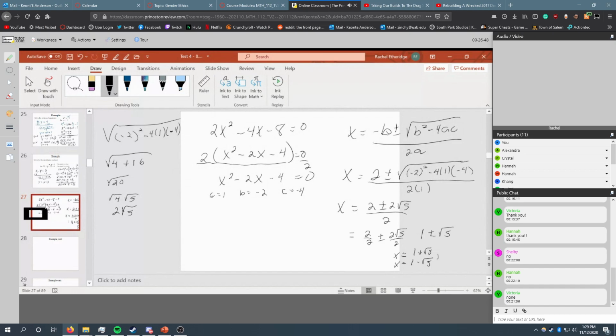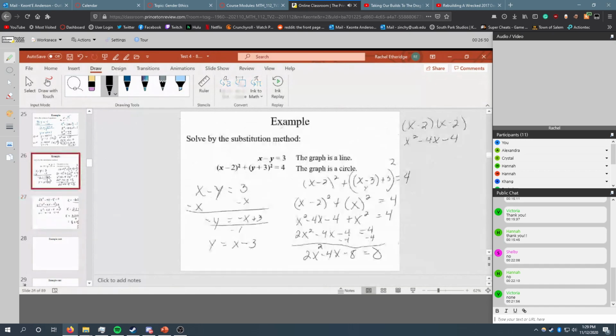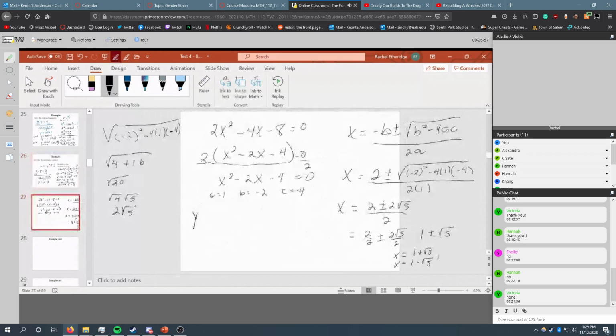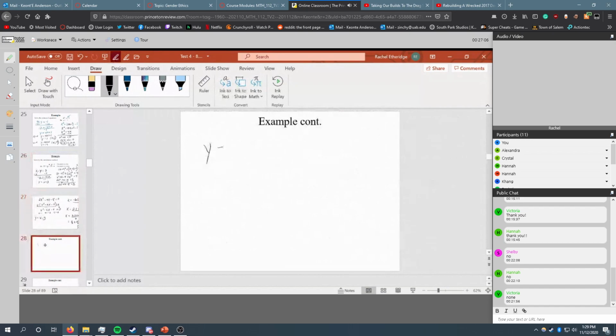Then if I go back and see what I got, y is x minus 3. So I'm going to go to this next page. Y equals x minus 3, and I said x equals 1 plus or minus square root of 5.